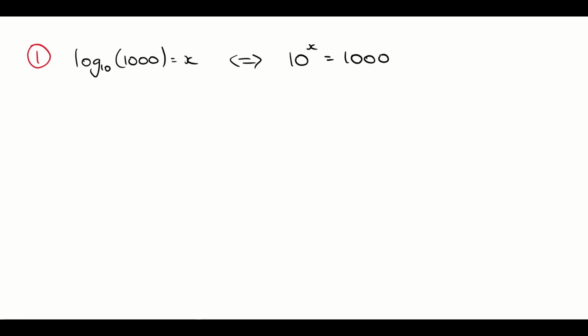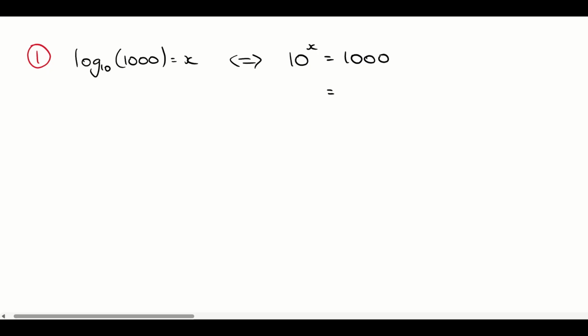So first of all, can we solve what log to the base 10 of 1,000 is equal to? So that is equal to x, and we want to find what x is. Well, if I convert that back to the indice form, I'd be saying that 10 to the power of x is equal to 1,000. Now remember, when we're trying to solve these indices with our unknown in the power, we need to get our bases the same.